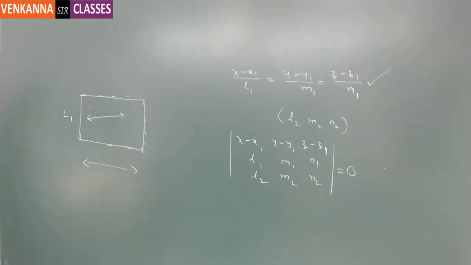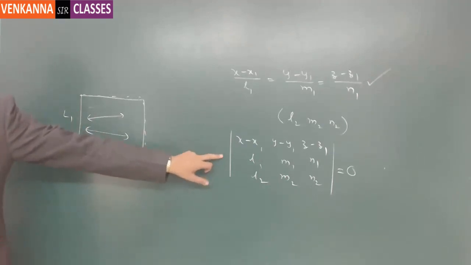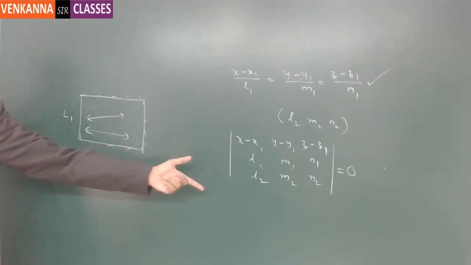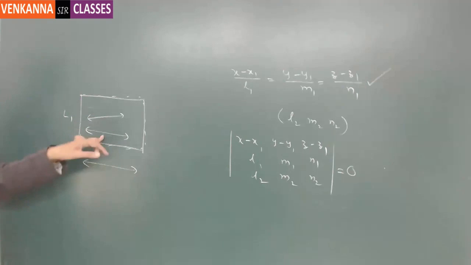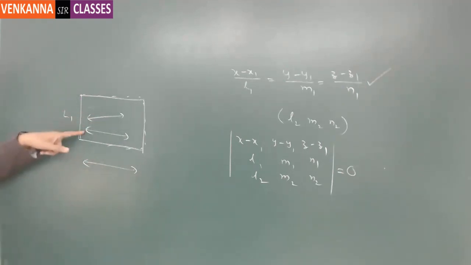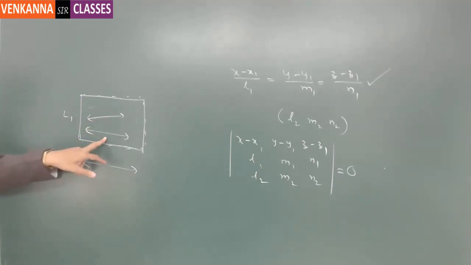Now, the same formula is also useful to calculate the equation of a plane containing the two lines. The same formula is useful to calculate the plane equation which is containing the two lines. So here, if the plane contains the two lines, we call them coplanar.